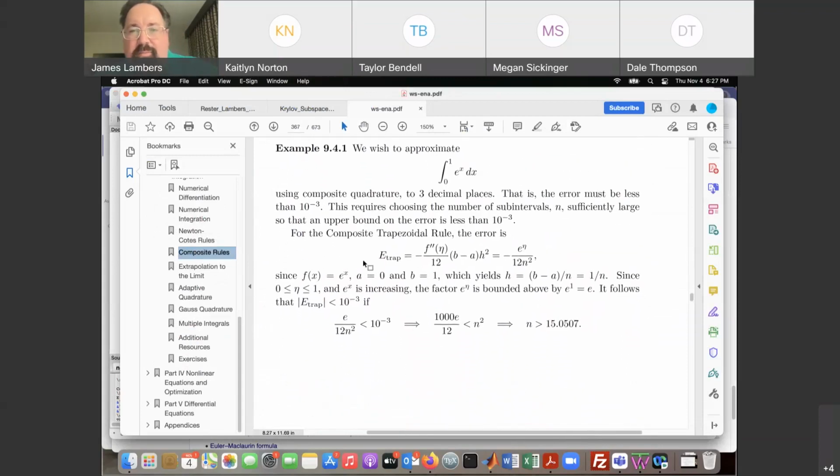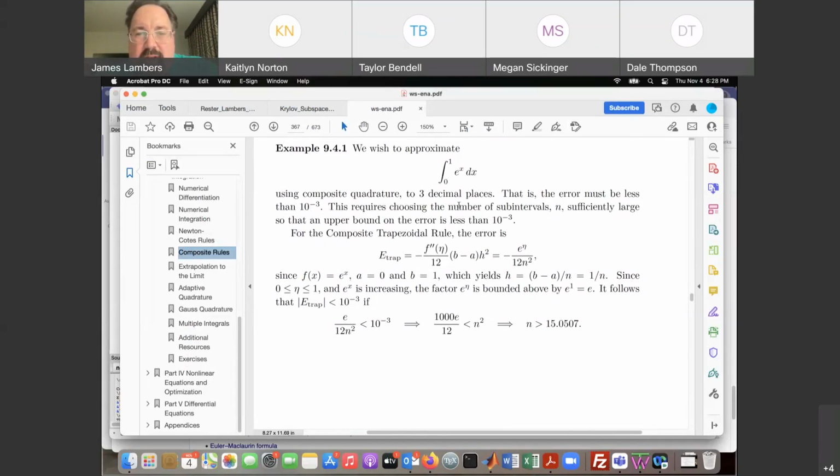Okay. So my pet example, the integral from 0 to 1 of e to the x. Suppose we want to use a composite rule and be assured of having an error of less than 10 to the minus 3, so essentially 3 decimal places correct.